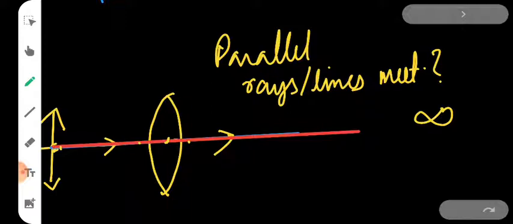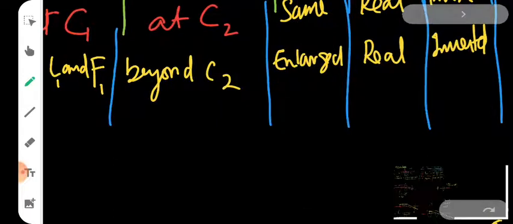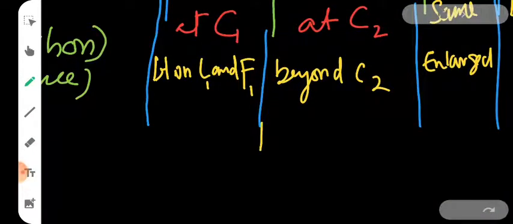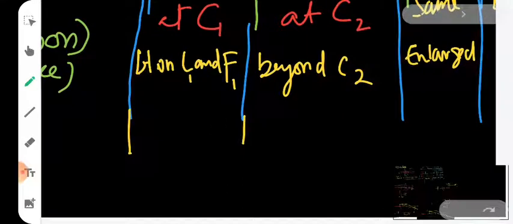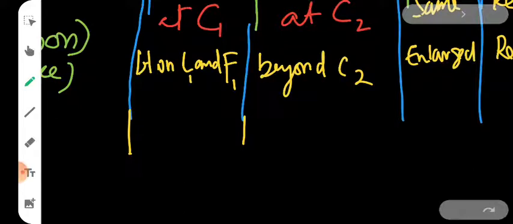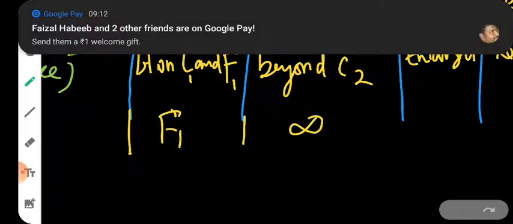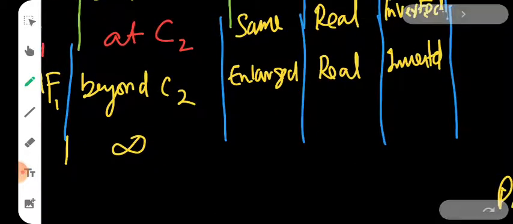Again, the object is of finite size, but you are only assuming a point size object, so it is a very small object, but the image will be a large one. Where was the object? It was at F1, at the focus. Where was the image? At infinity. And the size of the image is actually large, or enlarged. What about the nature?